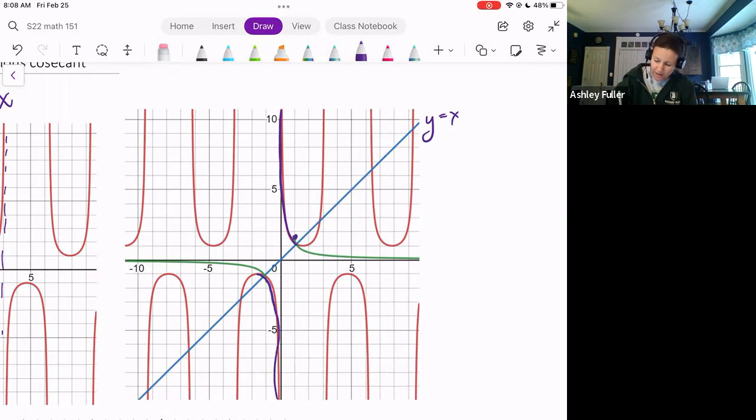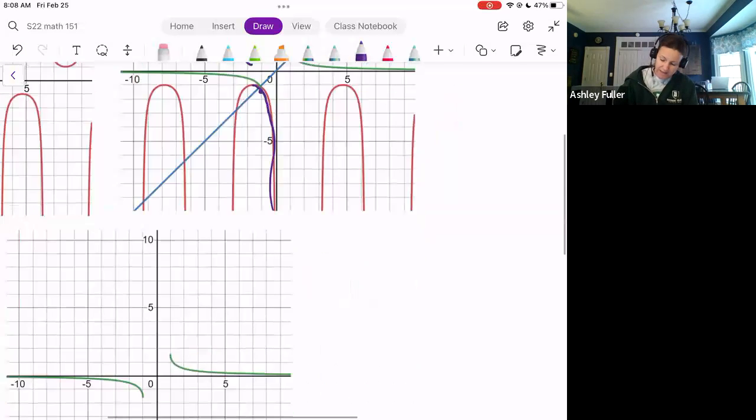And when we do that, we see that our graph for the inverse cosecant goes from 1 to pi over 2. And then down here, we're going from negative pi over 2, negative 1, negative pi over 2.